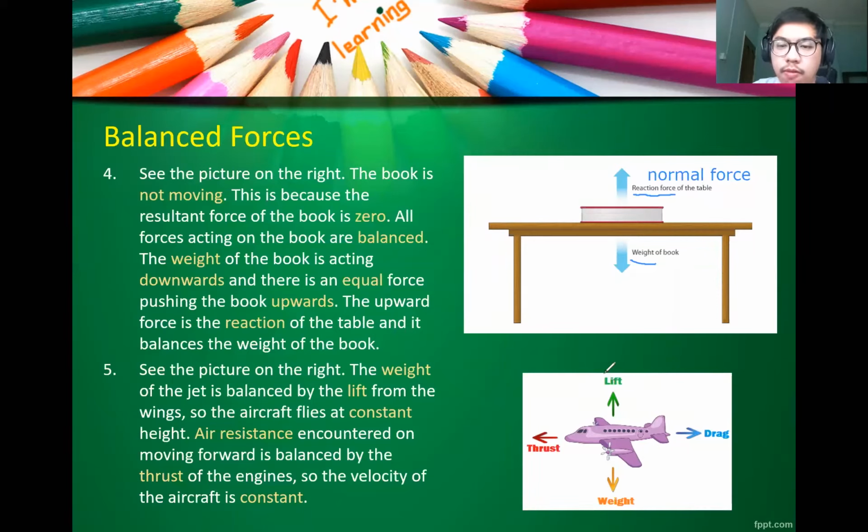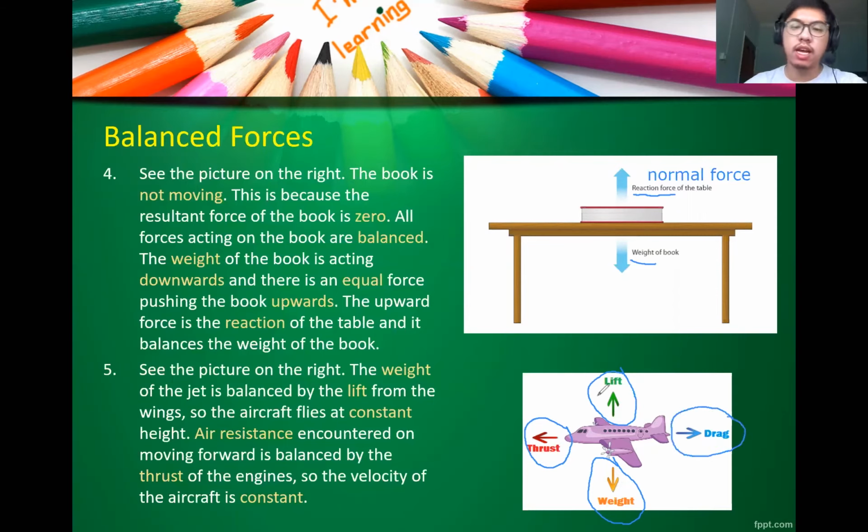You have an upward force that is called the lift force, pointing upwards, and then you have the weight of the aircraft pointing downwards. These two are equal, so they cancel out each other. And then there is a force forwards on the aircraft. This is called the thrust. And then there is a force backwards on the aircraft, which is called the drag or air resistance.